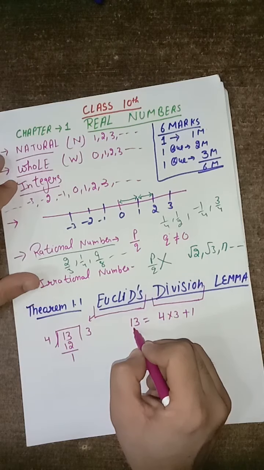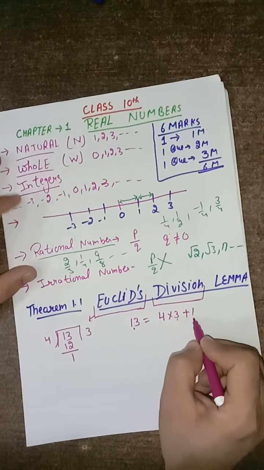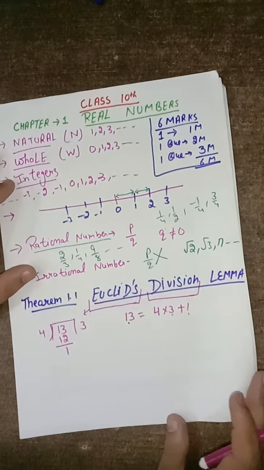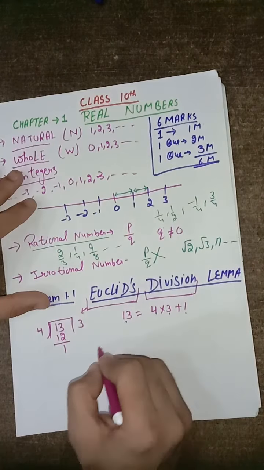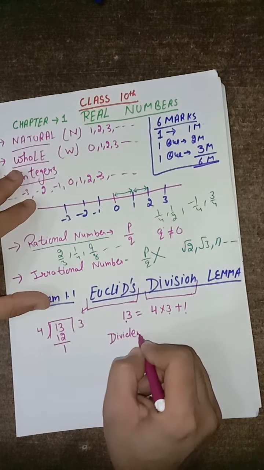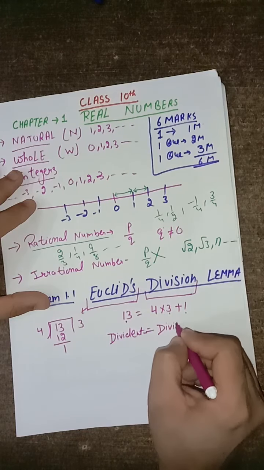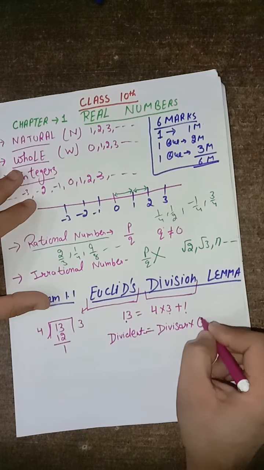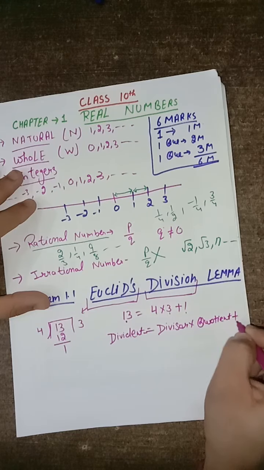Means my left hand side is 13 and the right hand side will also be 13: 4 into 3 is 12, plus 1 is 13. So we can say that 13, which is known as the dividend, equals divisor into quotient plus remainder.